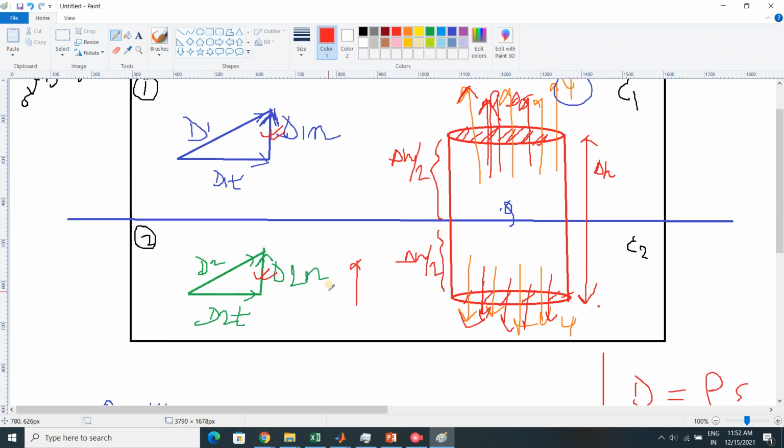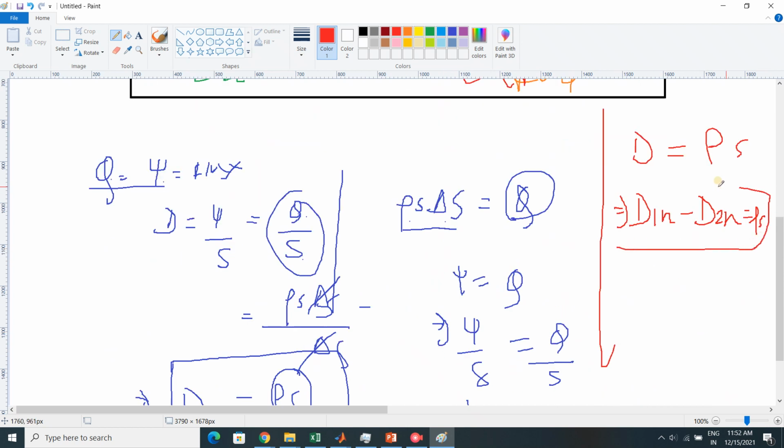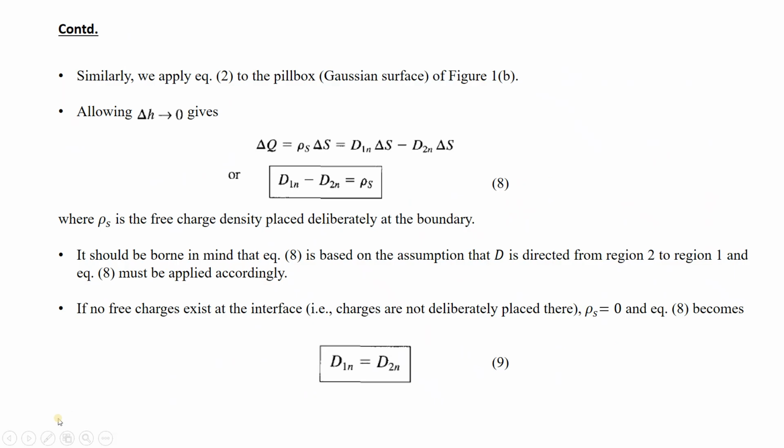So if this is D2N, then this will be minus D2N. That is why it is written that the normal component of the electric flux density of medium number 1 minus the normal component of the electric flux density of medium number 2 is equal to the surface charge density or free charge density.